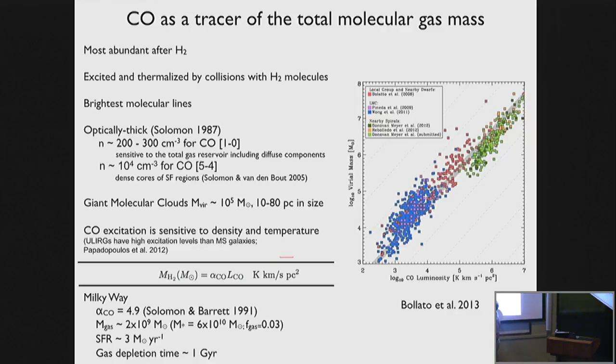For CO, we want to use as low an order transition as possible, so we're going to use CO 2-1. If you use higher order transitions, those are going to be probing denser molecular clouds.